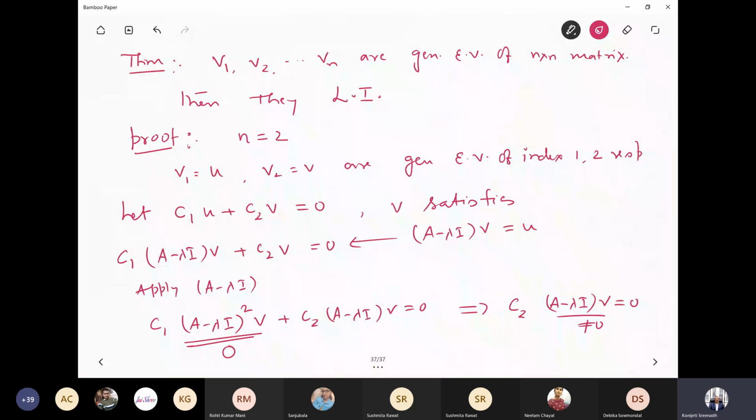So this implies C2 is 0. Then C1 U is 0 and U is non-trivial, which implies C1 is also 0. So we get C1, C2 both of them as 0. So V1 and V2 are linearly independent.